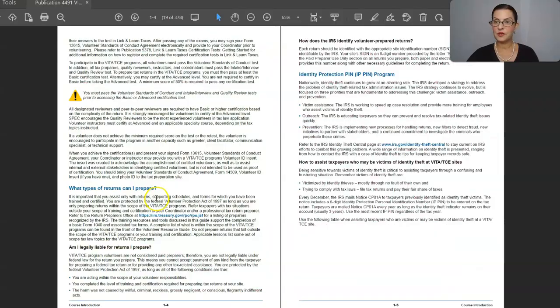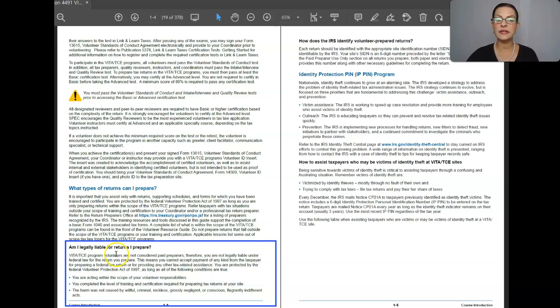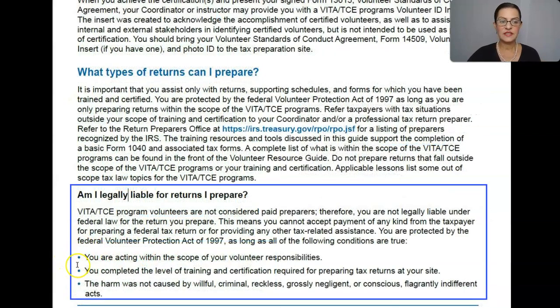If you scroll down a few pages and you go to the section that says, "Am I legally liable for the returns I prepare?" It says right here, VITA/TCE program volunteers are not considered paid preparers. Okay, so they do not accept compensation for the returns that they prepare. Therefore, you are not legally liable under federal law for the return that you prepare.